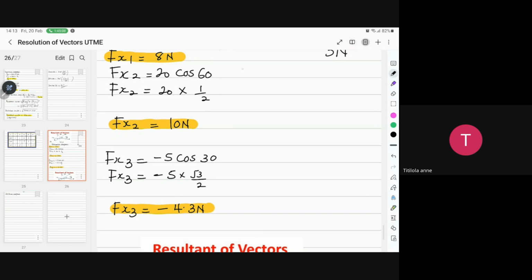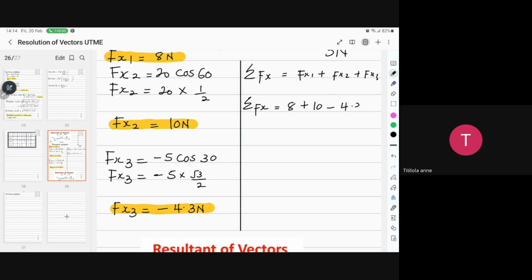Let me draw a line at the center here. So summation of Fx will be equal to Fx1 plus Fx2 plus Fx3. So that summation of Fx will be equal to 8 plus 10 minus 4.3.